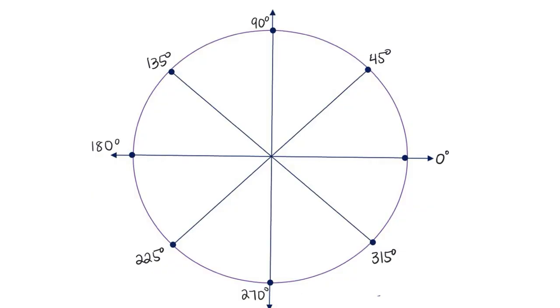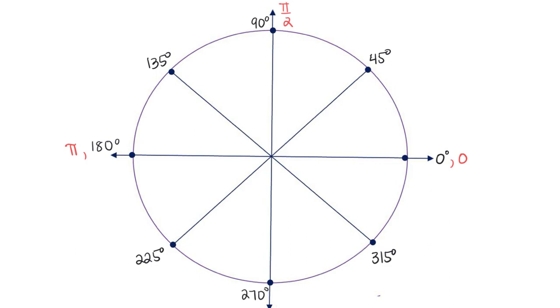Okay, now I want to do radians instead. For radians, 0 is 0. So this is 0. Okay, what else do we know? Half a circle is pi. So these are pi radians. Okay, if this is 0 and this is pi, what's this? That's pi divided by 2.